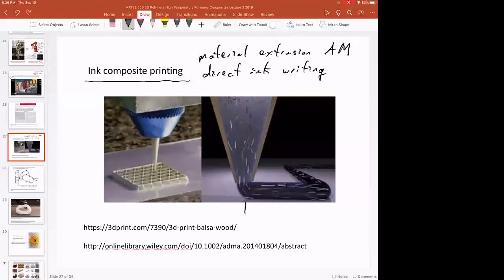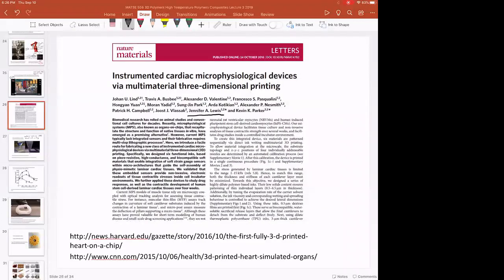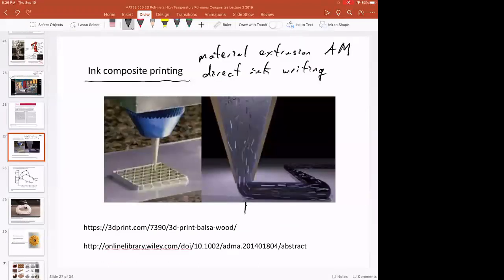If you want to read this whole paper, you're welcome to, because they're doing some cool stuff. And we'll talk a little bit about this when we talk about 4D printing. But this ink does a really cool thing. So this is an isotropic mixture with elongated filler.